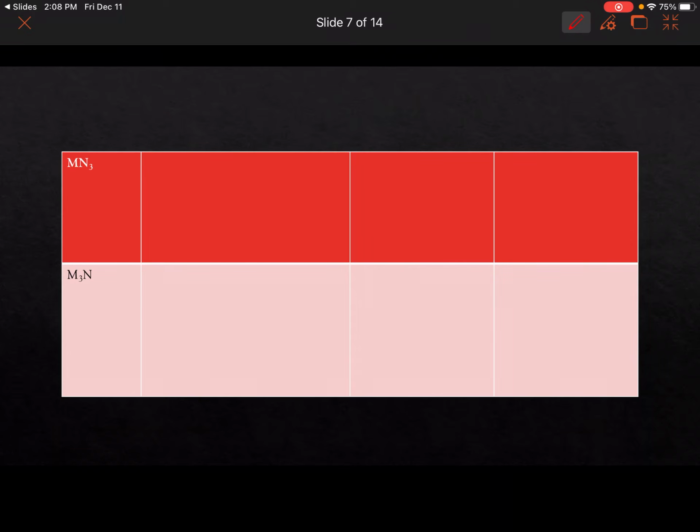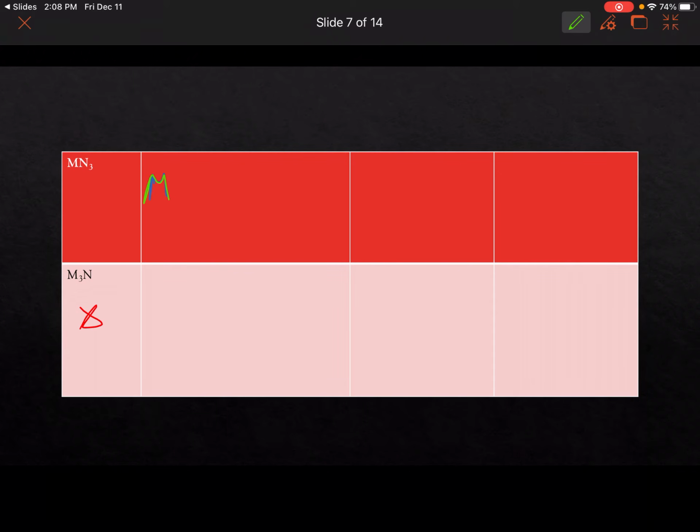And then we're just going to do 2 more here. But these ones are actually the same. So MN3 and M3N. I'm going to leave this one because it's just the backwards of the top one here.